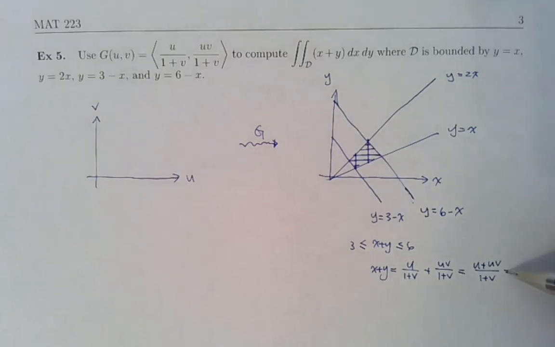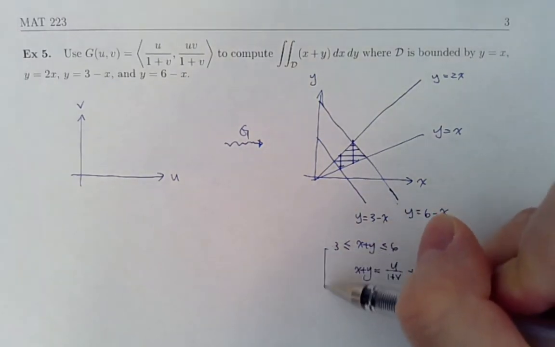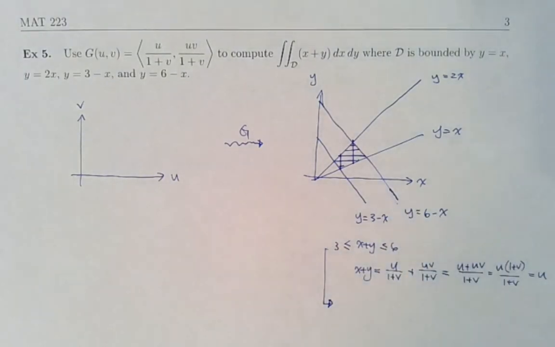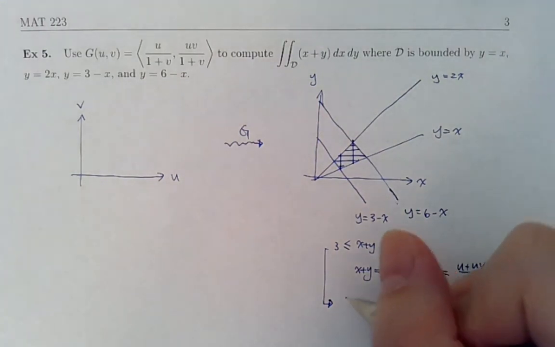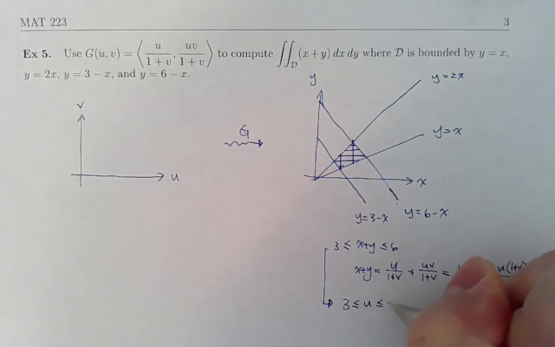In other words, u times 1 plus v over 1 plus v. In other words, u. So from this calculation, we see that the region has a simple description of u between 3 and 6.